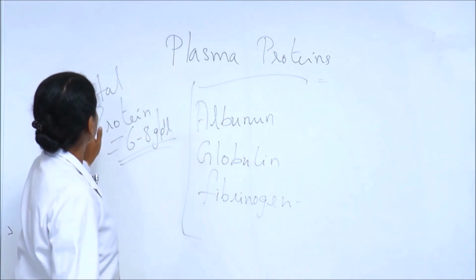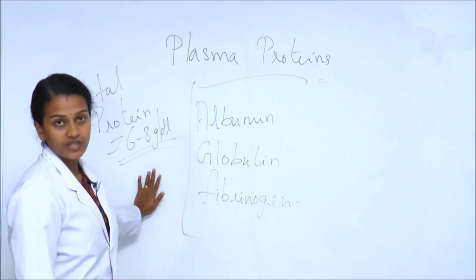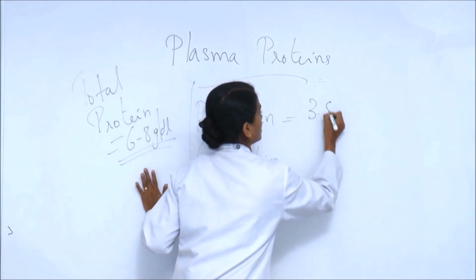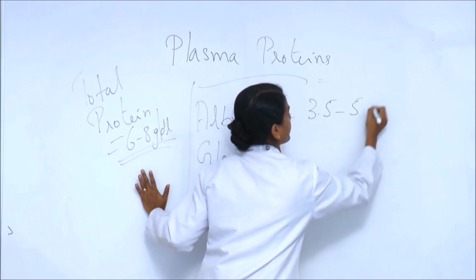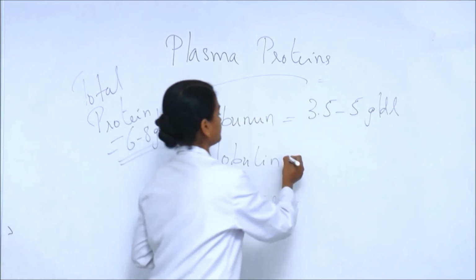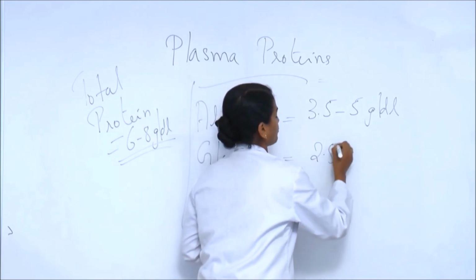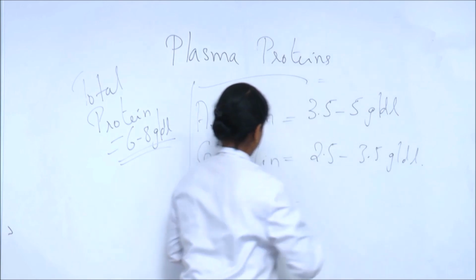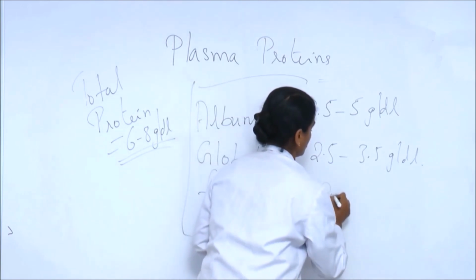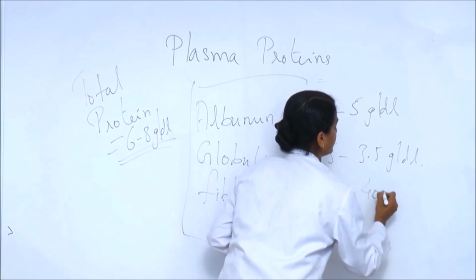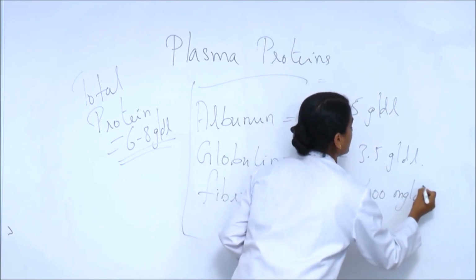Now total protein concentration is 6 to 8 grams per deciliter, whereas albumin is 3.5 to 5 grams per deciliter. Now globulin is 2.5 to 3.5 grams per deciliter. Fibrinogen is 200 to 400 milligrams per deciliter.